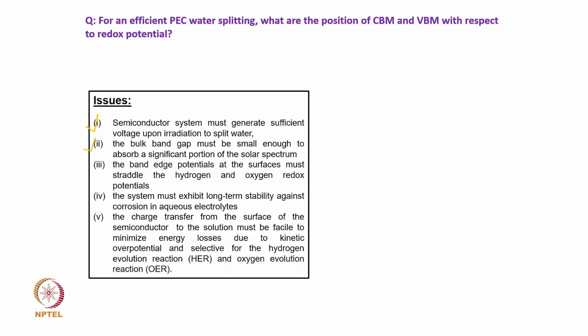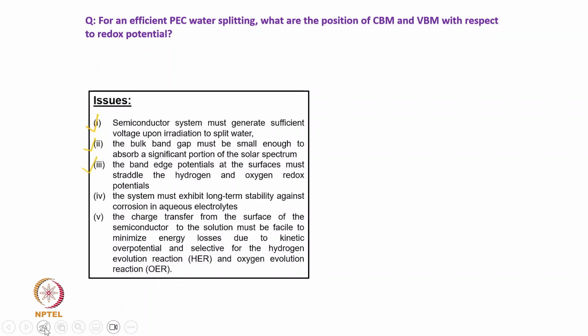Now, the third point comes, that is the band edge potential at the surface must straddle the hydrogen and oxygen redox potential. This is where the first question is. The answer to the first question is, so what does it mean?